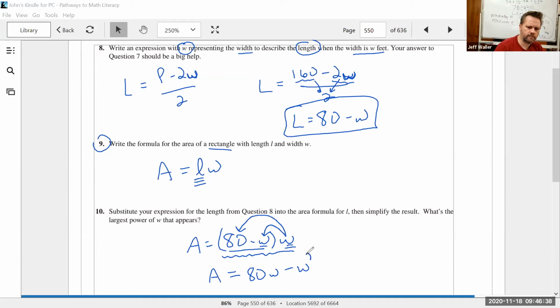2W? Careful. 2W would be W plus W. W times W is W squared. And that is quadratic. That has a highest power of 2.